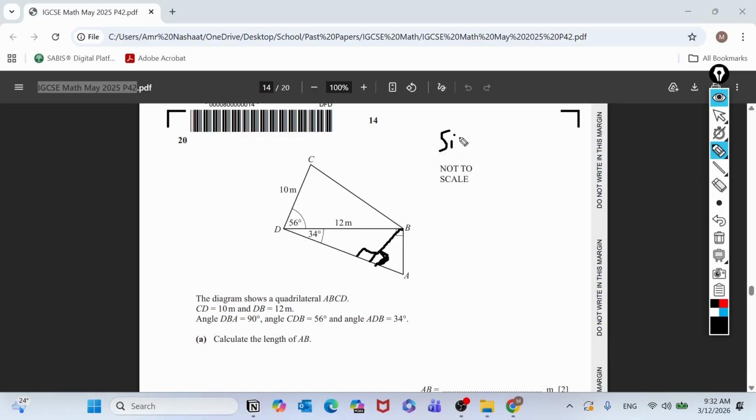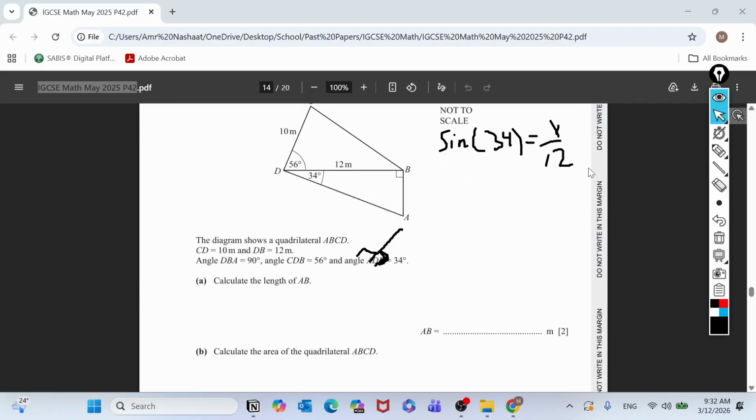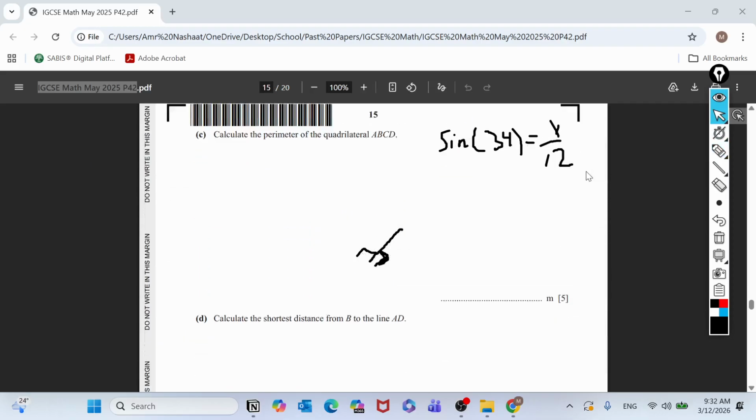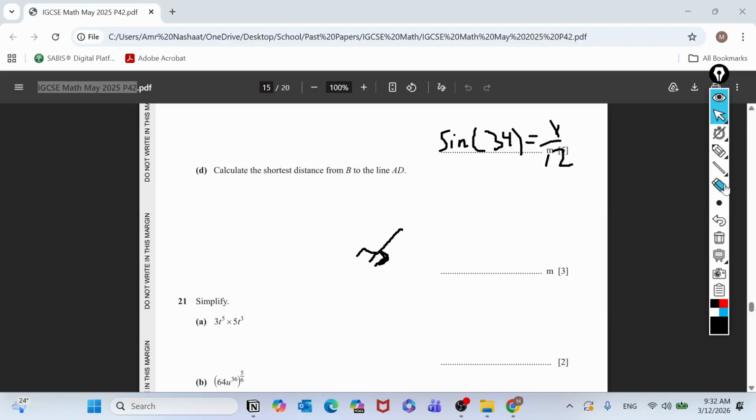So sine 34 equals this length, let's say x, over 12. Let me solve it. What is it going to be? Okay, 6.7.